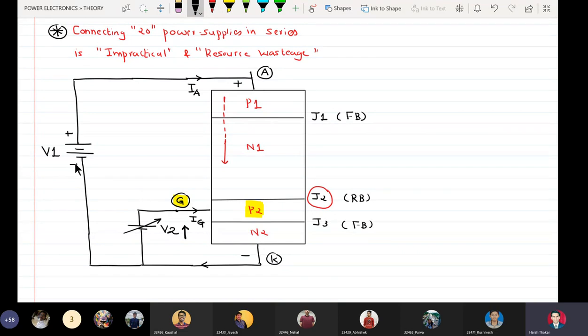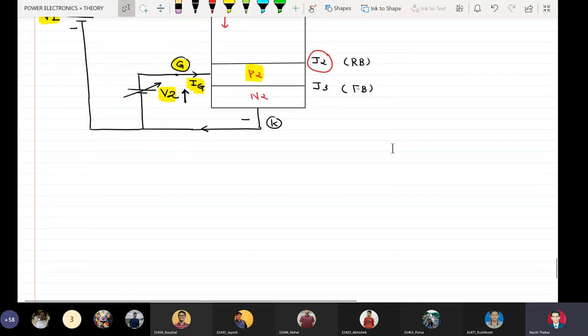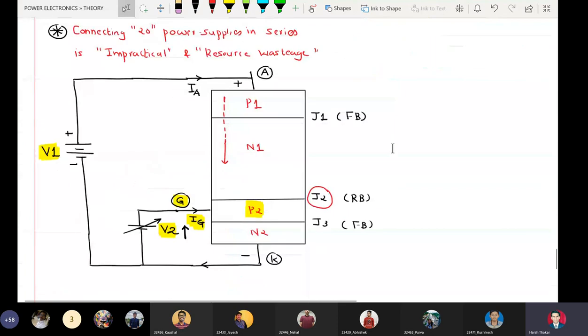Okay, so we have two sources, V1 which will forward bias the SCR. We have another source V2 which will nullify or neutralize the reverse bias on the junction J2, right? So what happens is that a particular value of gate current is needed to make the reverse bias on J2 zero. Okay, so now let us put it down like this.